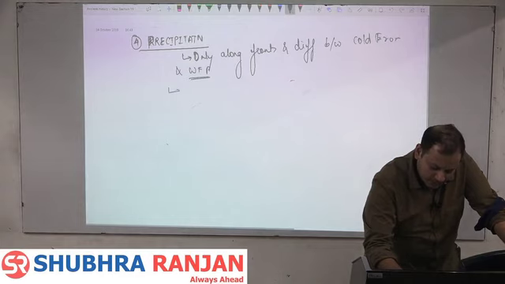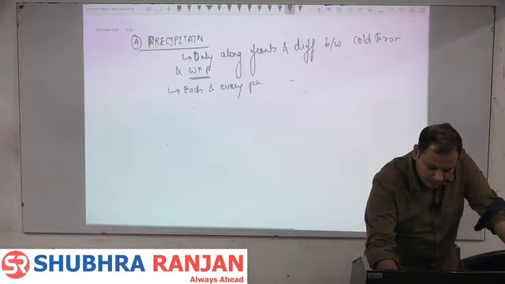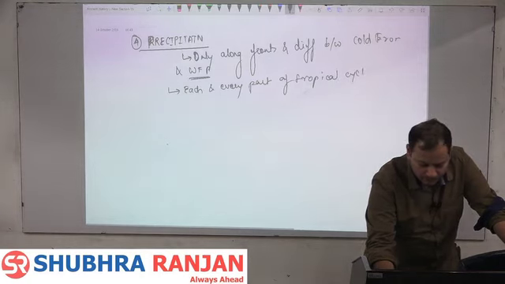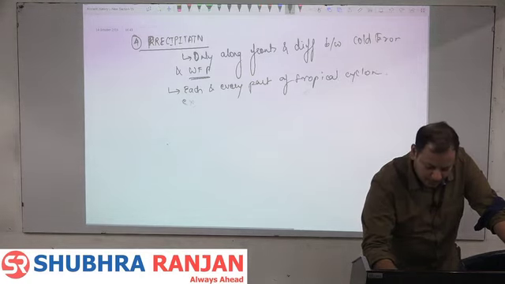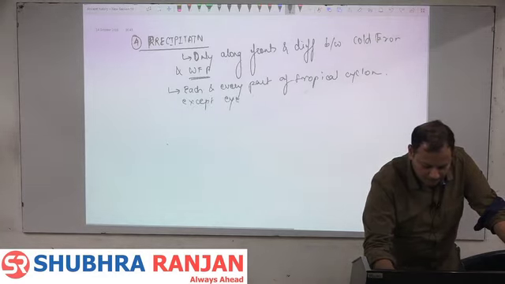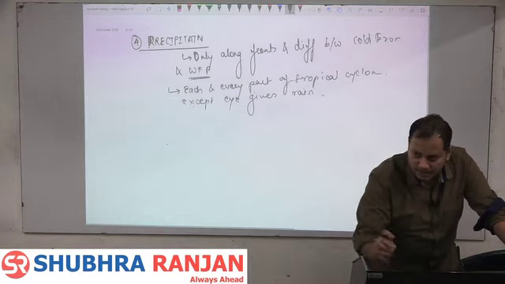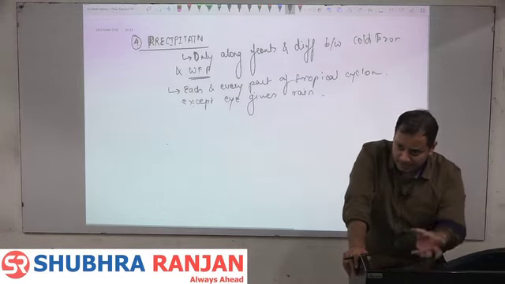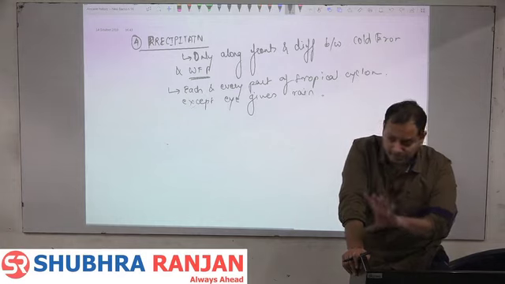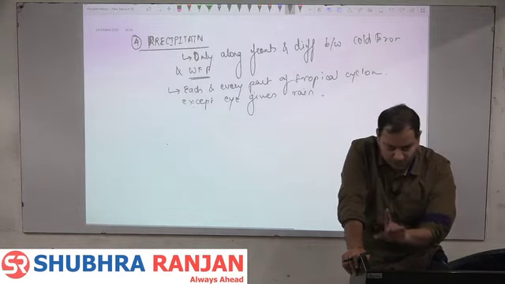But each and every part of a tropical cyclone except the eye gives rainfall. In temperate cyclones it is not like that. There is rainfall, and even in rainfall there are differences, while in tropical cyclones it is very heavy rainfall. Clear?